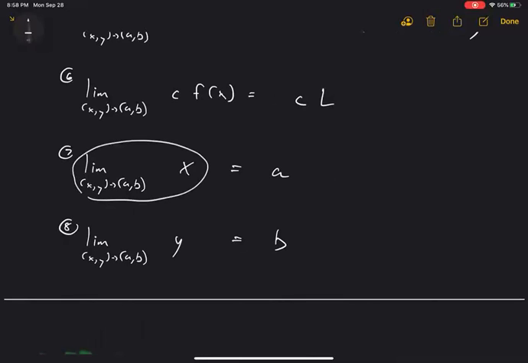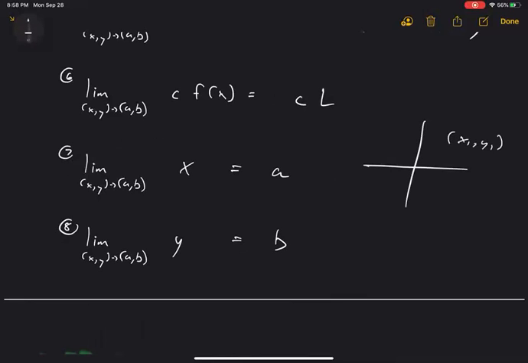The limit of x, as (x,y) approaches (a,b), well, that's just going to be a, right? So what this is saying is, okay, you have all these points, (x1, y1), (x2, y2), and so on. As these get closer and closer to (a,b), and let's see, I shouldn't use the origin.